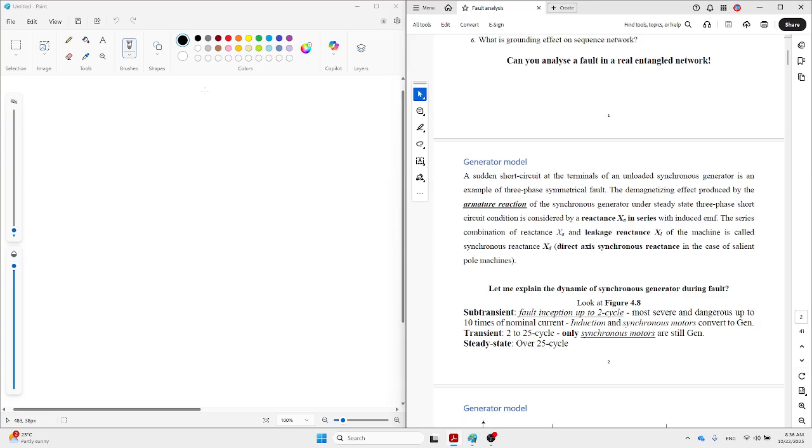So for you to know, in the generator we have two parts, which is the rotational part, we call it the rotor, and the stator, which is connected to the grid. Of course, the stator in the case of our synchronous generator model is connected to the grid.